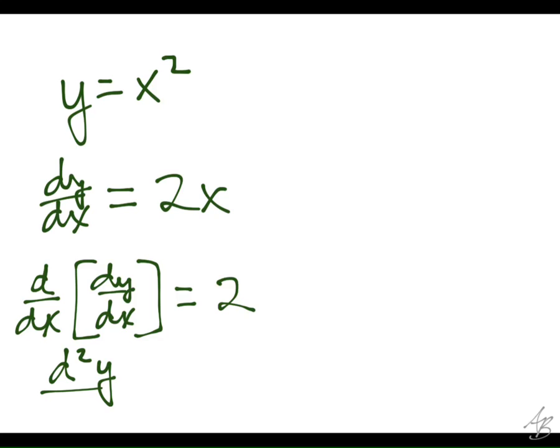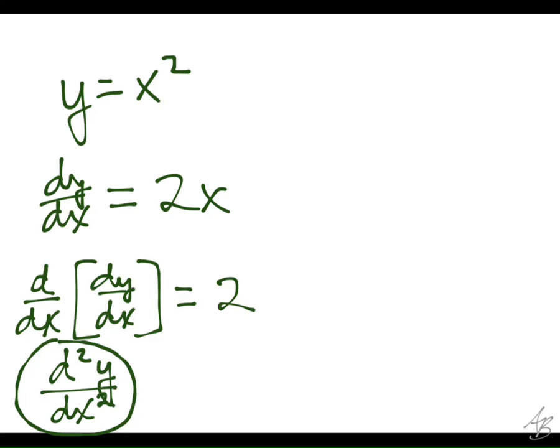And then on the bottom, what do we have? We have dx times dx, which would actually be dx squared. Again, this is kind of treating it like they're variables or numbers. These differentials are a little bit tricky sometimes. But this right here is a notation that we're going to use for the second derivative.